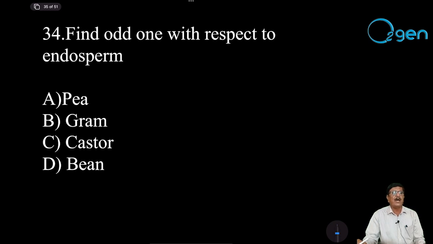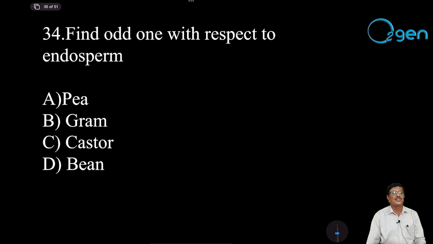Question 34. Find the odd one with respect to endosperm. Here the pea seeds are non-endospermic, gram seeds non-endospermic, and castor, though it is a dicotyledon, is endospermic; endosperm is retained in castor.